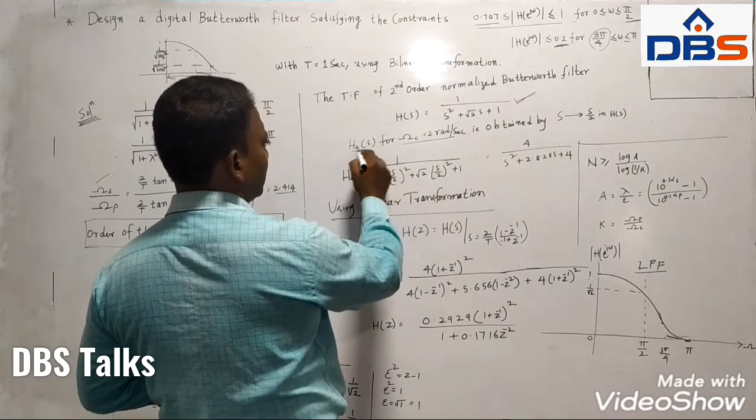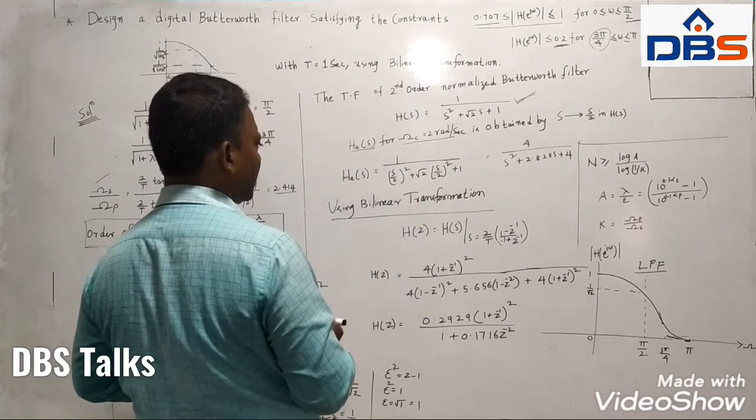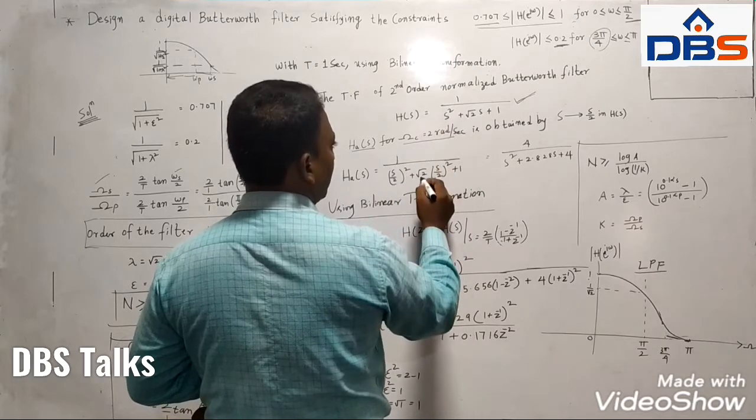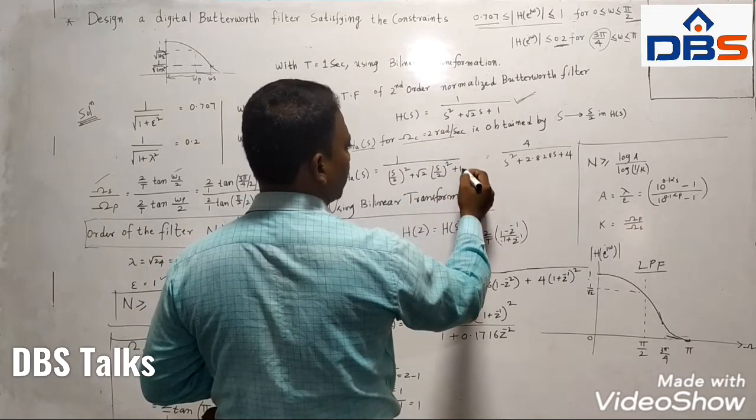H of s here just represents the analog filter, to show the difference. So 1 by (s by 2) whole square plus root 2 times (s by 2) plus 1.